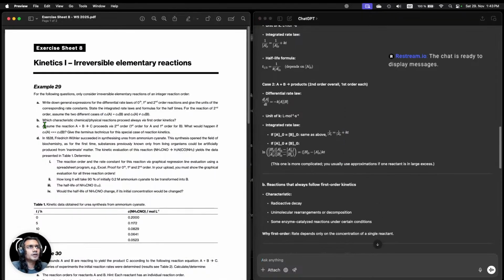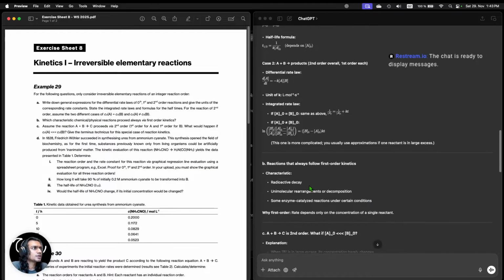What's part B? Which characteristic chemical or physical reaction proceeds always via first order kinetics? Radioactive decay, unimolecular rearrangement or decomposition, some enzyme catalyzed reaction under certain conditions. Why first order? Rate depends only on the concentration of a single reactant. Rate depends only on the concentration of a single reactant, okay?